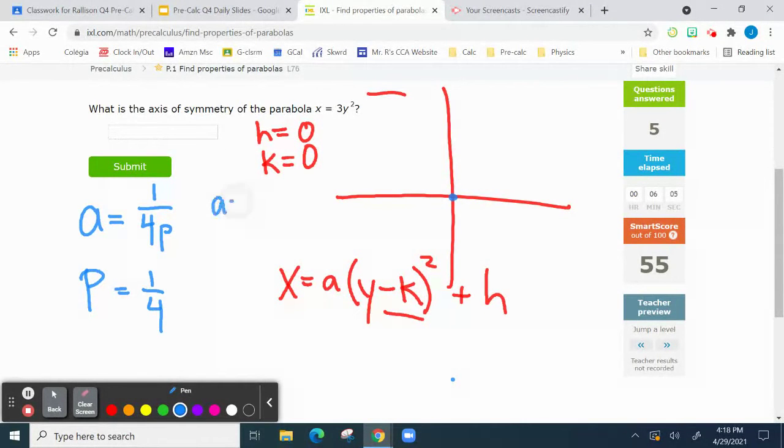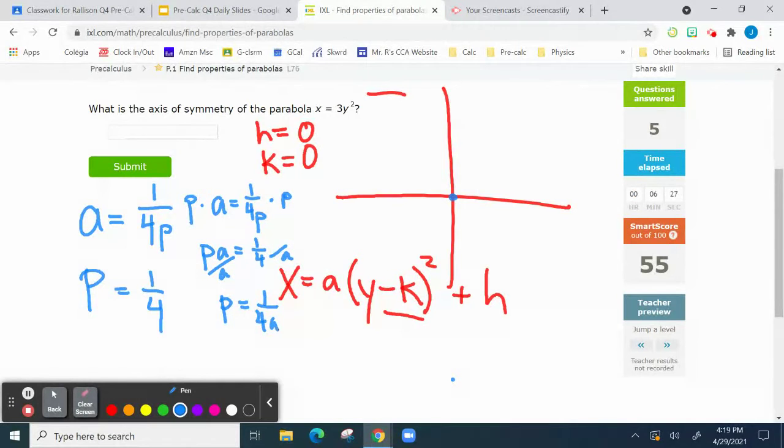Watch this. A equals 1 over 4P. Then we'll multiply both sides by P, and we get PA equals 1 over 4. Divide both sides by A, and we get P equals 1 over 4A. So now you have to believe me.